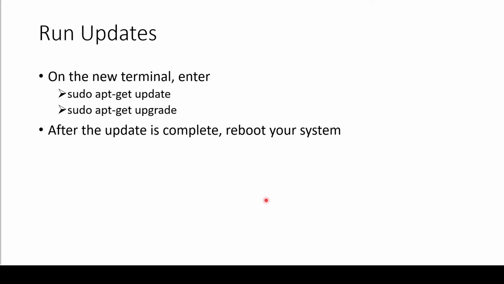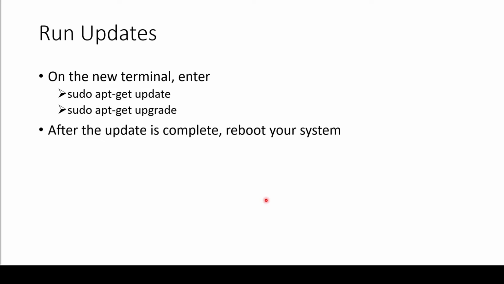And then before you do anything else, what is really recommended is to run the update by running sudo apt-get update. After you complete the update, you run sudo apt-get upgrade. So some of the old packages inside of the JetPack will be upgraded.